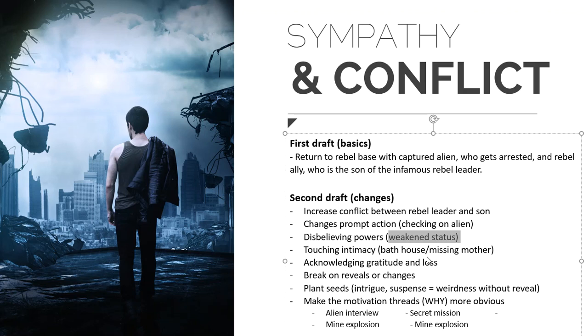It also just adds a pause, rather than running straight from conflict to conflict, and that's part of it. If your novel seems breathless, if it's all just conflict to conflict with scenes, it can feel a little bit too rushed.